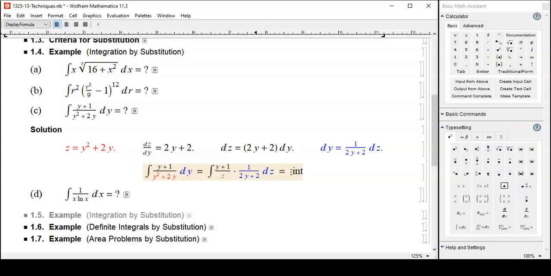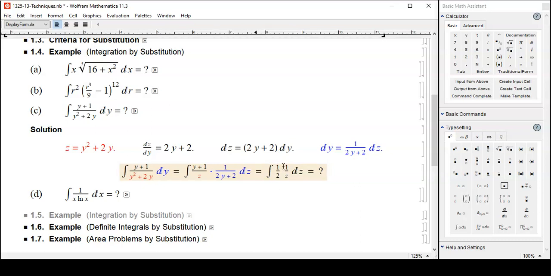Integral of 1/2, 1 over z and dz. Oops. Okay, 1/2 is just coefficient that pops out.